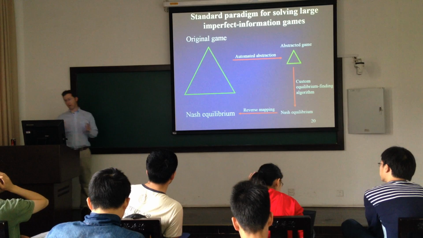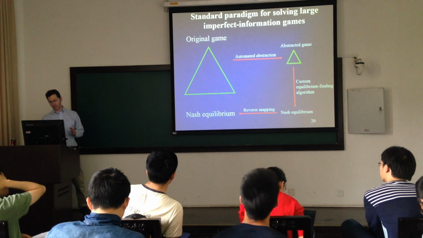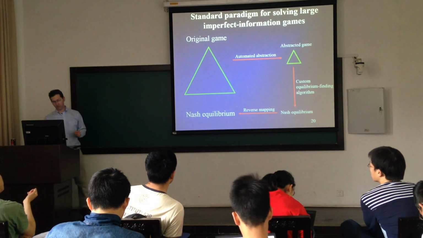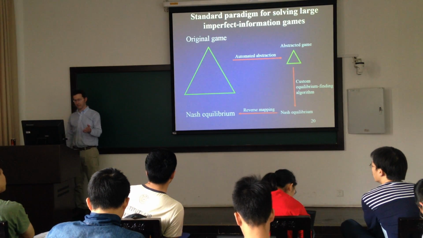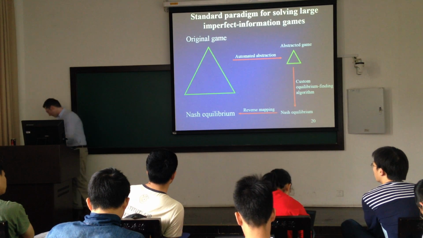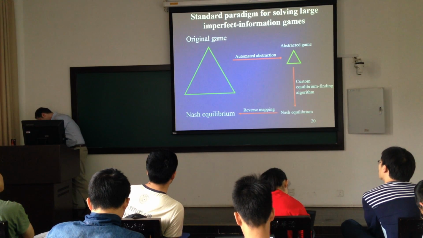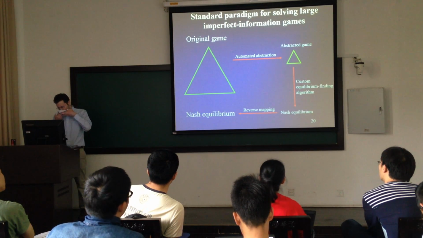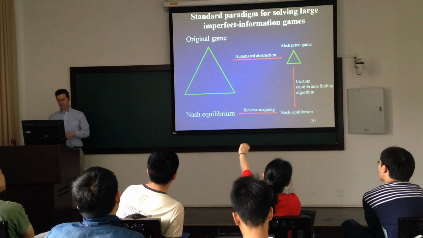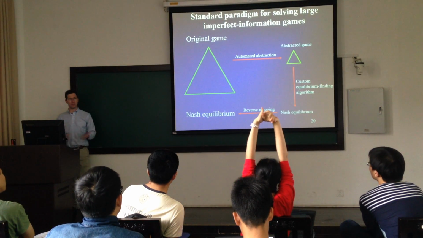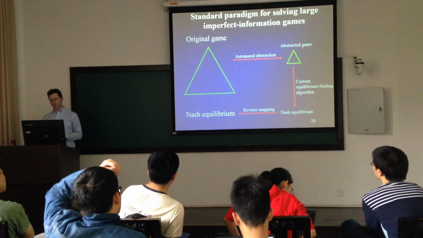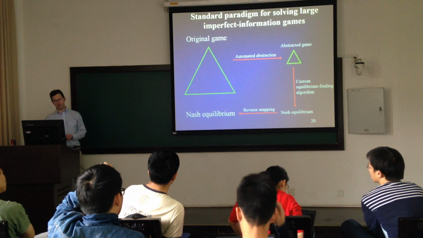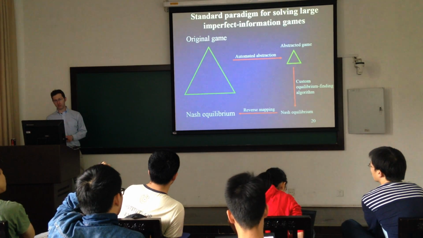Then we solve the smaller game using an equilibrium algorithm, and then we apply a procedure to map this abstraction equilibrium to an equilibrium, or an approximate equilibrium, in the initial game. This is the standard paradigm that's been used by most of the strongest agents for No Limit Texas Hold'em. I'll talk about a few modifications that have recently been developed later on in the lecture.